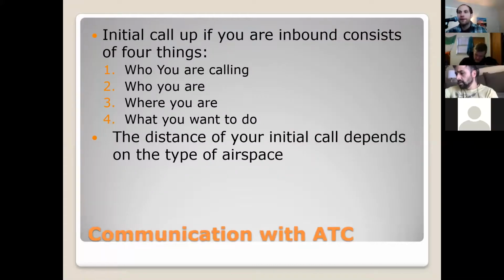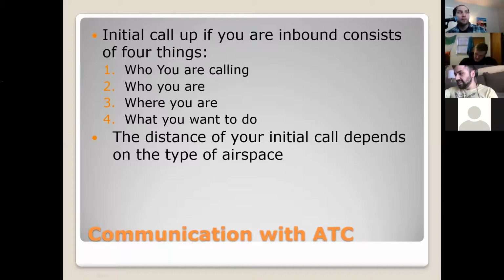So here's some very basic information about your radio calls. Remember, when you were younger, they would talk about a good news report, which would answer the W's: who, what, when, where. That's kind of the same information that we're trying to cover with a radio call.